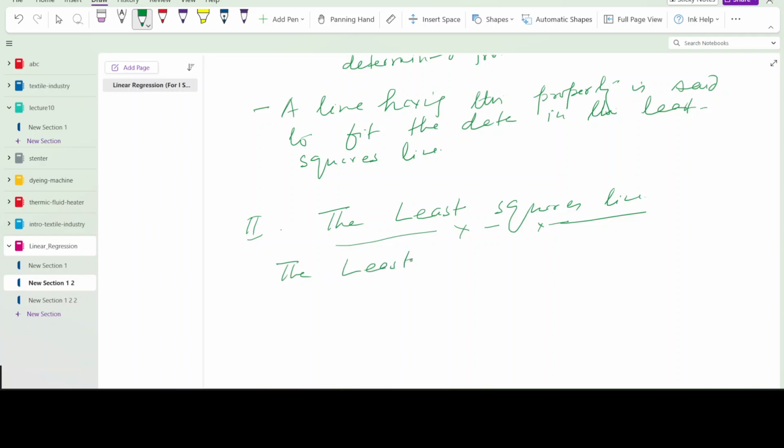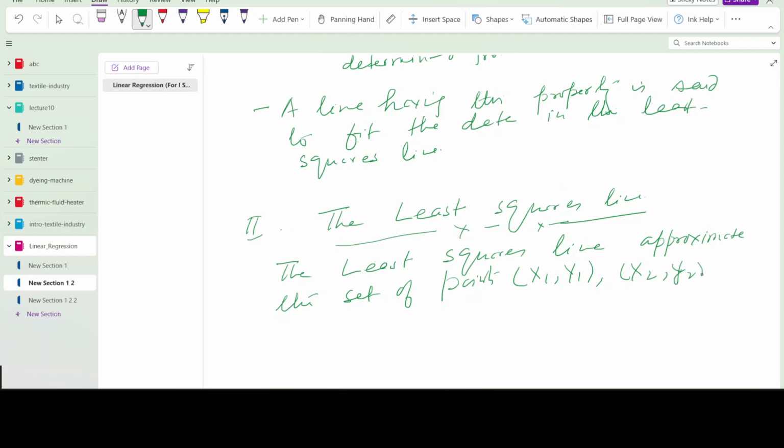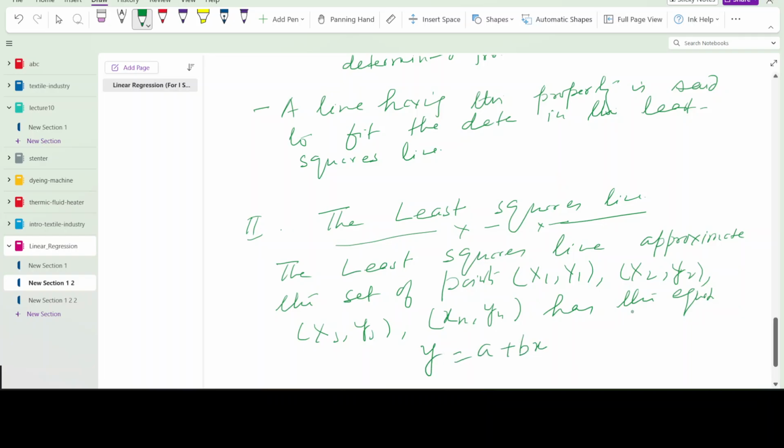The least squares line approximating the set of points, as we have seen, x1 y1, x2 y2, x3 y3, xn yn, has the equation y is equal to a plus bx.